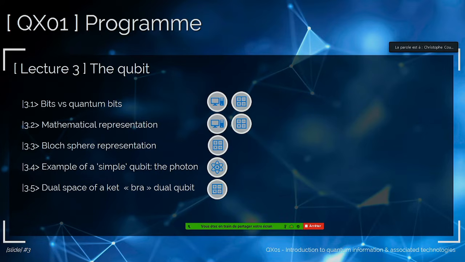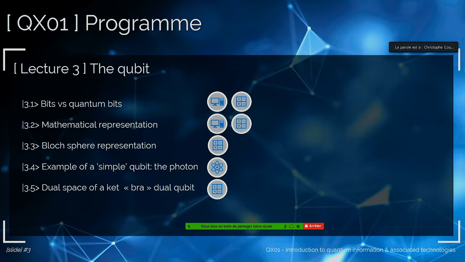So this is what we're going to cover today. I'll go back quickly to what we've seen already on the difference between bits and quantum bits. We talked about the mathematical representation, so I'll go back to that, and in particular, a nice geometrical representation of a qubit, which is called the Bloch sphere representation.